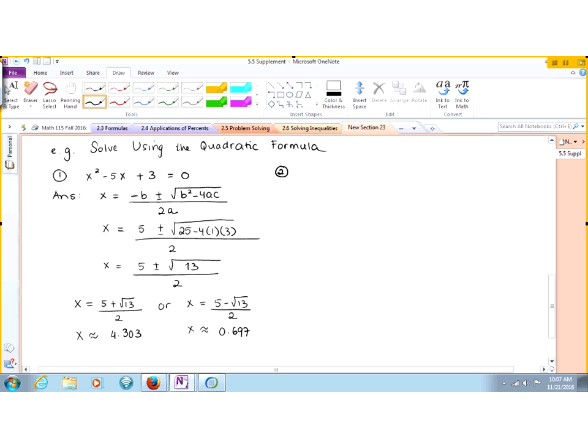Should we do one more? No, we still have 4 minutes. Tomorrow we will finish the quadratic formula. And what else do you have to do? Sample test, chapter 5 sample test. Am I going to include this in your sample test?